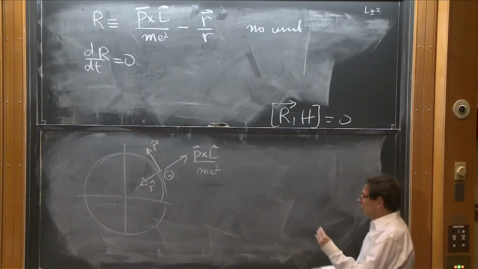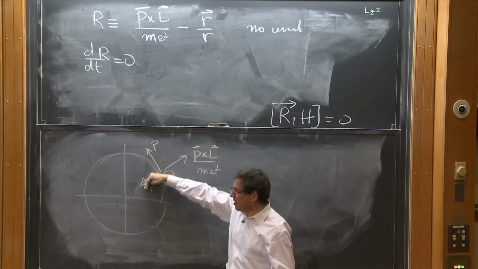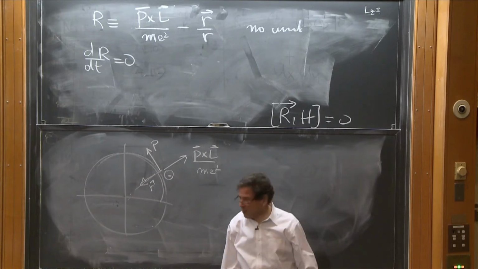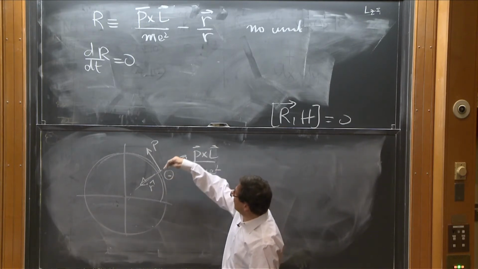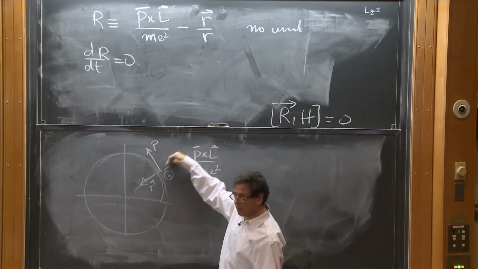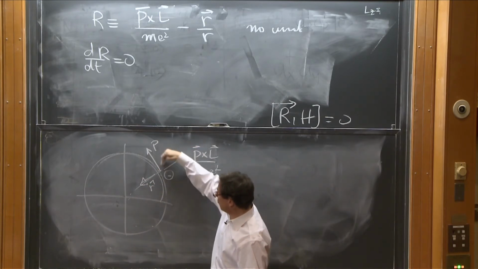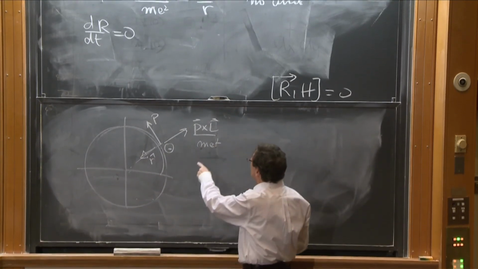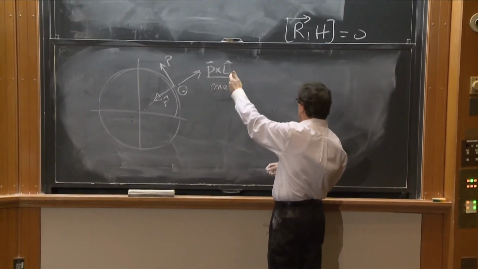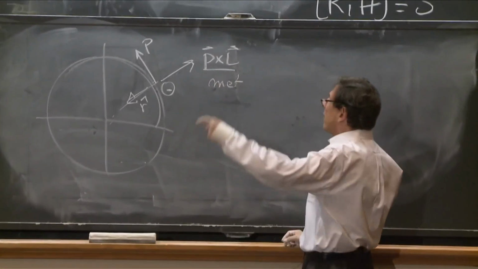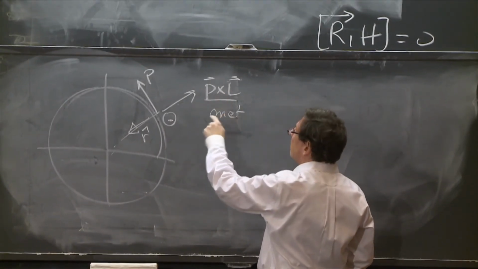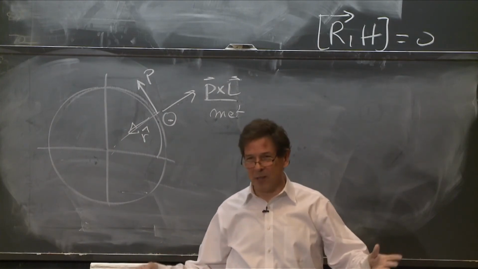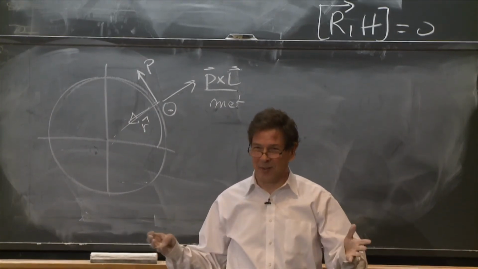So the sum of these two vectors, P cross L and the radial vector, must be conserved. But how could it be? If they don't cancel, it either points in or points out, and then it would just rotate, and it would not be conserved. So for a circular orbit, you can calculate it. See the notes? That is an easy calculation. And you can verify that this vector is, in fact, precisely opposite to this. And it's 0. So you say, great, you discover something that is conserved, but it's 0.